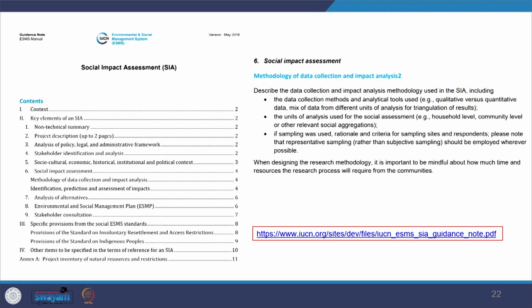In this particular segment, you will see qualitative data is much more used. Then you take a combination of data as well, qualitative and quantitative, a mix of data and different units of analysis. What is really suggested is triangulation of results.